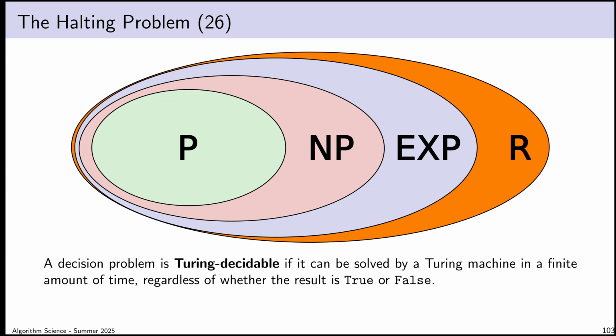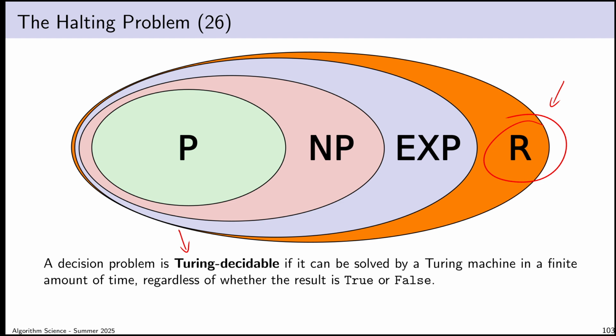Okay, so where does that leave us? Well, I mentioned earlier that we have this special complexity class R, which consists of all problems that can be solved in a finite amount of time. We now have some context for what that actually means. So another way of phrasing the meaning of the class R is talking about something called Turing decidability.